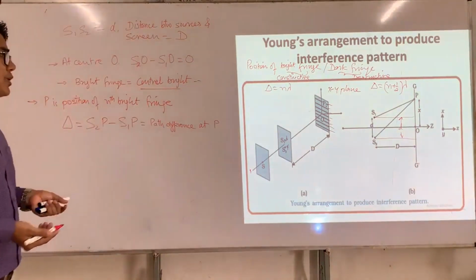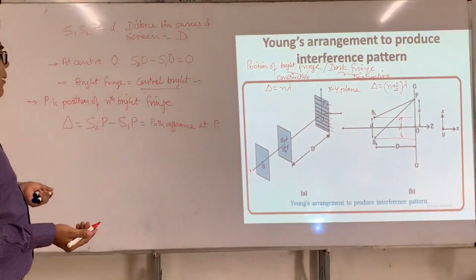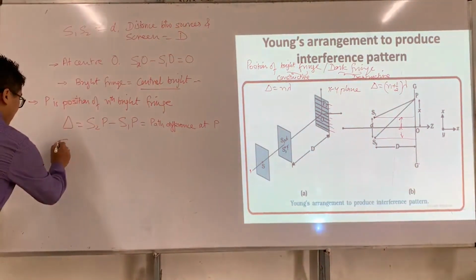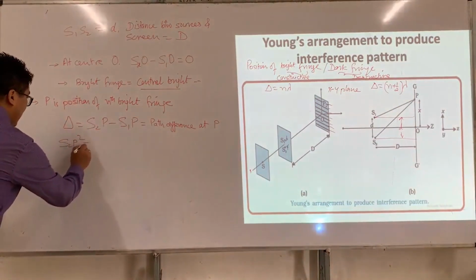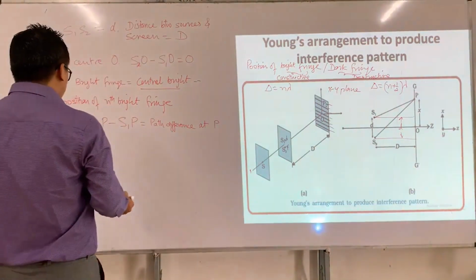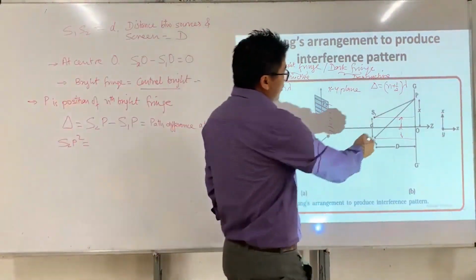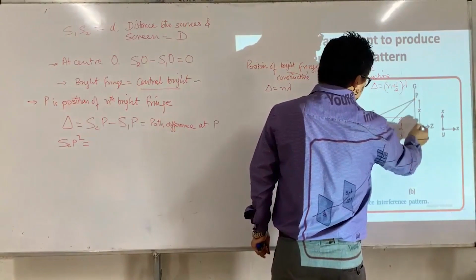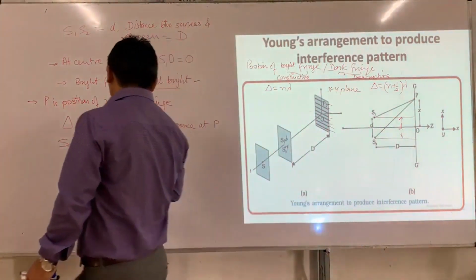I'm going to use a very simple concept. First I will find S2P square. S2P is the hypotenuse, and this is D square.